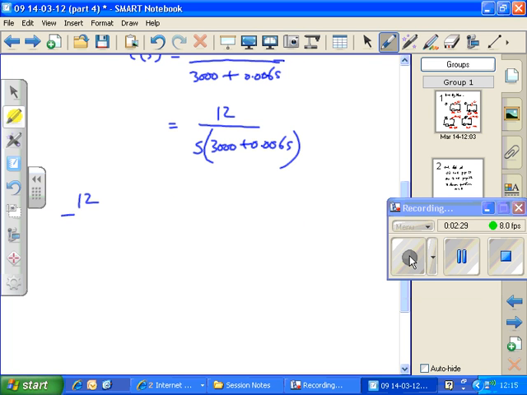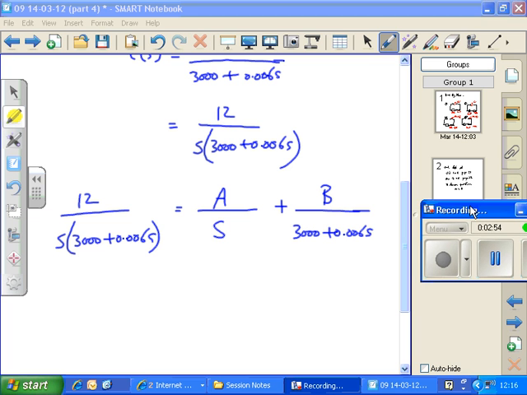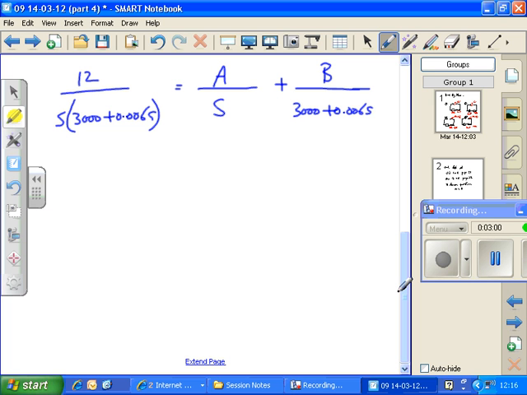So 12 over S into 3000 plus 0.006 S equals some term involving a constant and S, and a term over 3000 plus 0.006 S. Cross multiplying, equating numerators, we get that 12 equals A into 3000 plus 0.006 S plus BS.